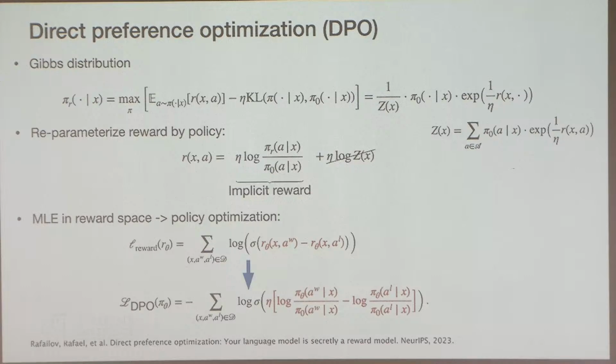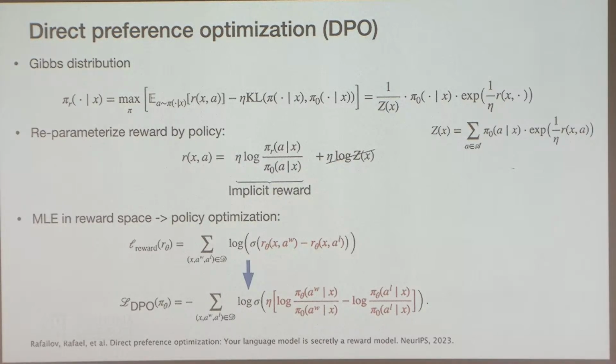The key observation is that the original regularized optimization problem admits a closed-form solution, the so-called Gibbs distribution, which is a product between the original reference or supervised fine-tuning policy and the exponential of 1 over beta times the reward value. And so we have a closed-form solution.